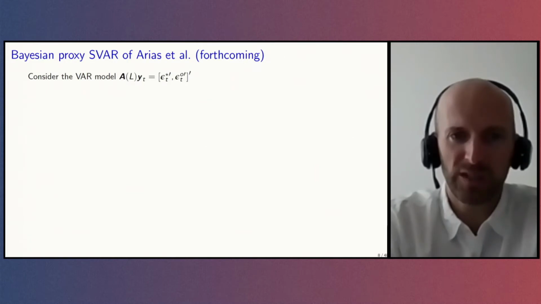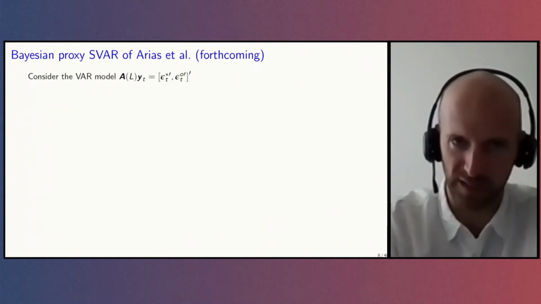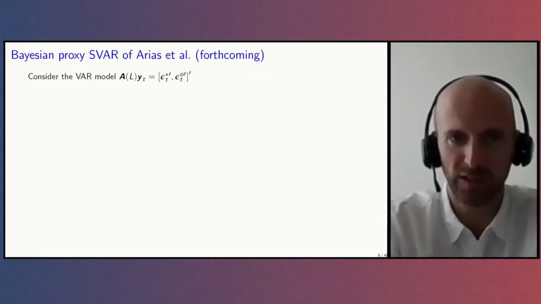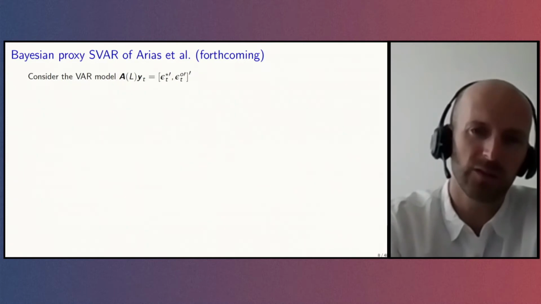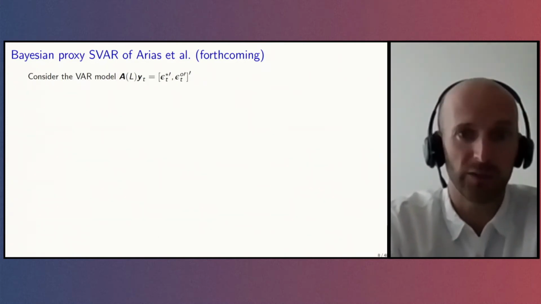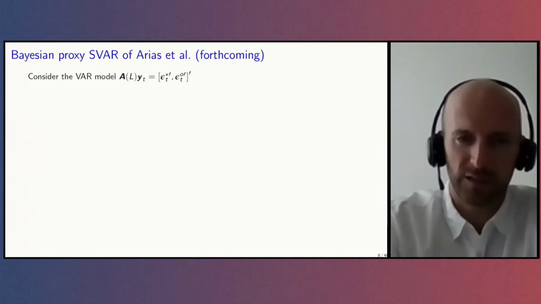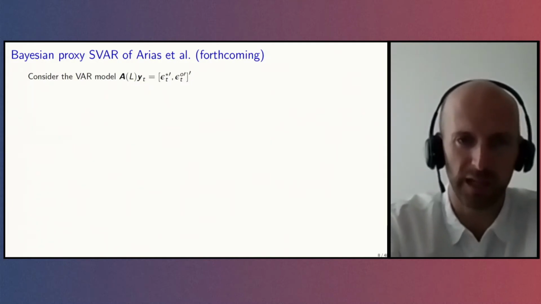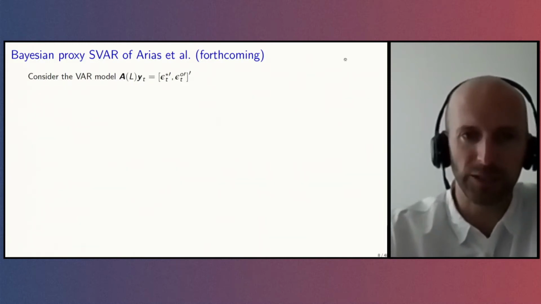Then we partition this vector of structural shocks into two components, namely one, epsilon_t star, with those structural shocks that we're interested in and that we want to identify. And then second, those structural shocks that we're just not interested in, that we're not going to try to identify, epsilon_t o. Now, obviously, these structural shocks are unobserved. That's why we need to impose some identifying assumptions. That's why we do this whole business of identification.